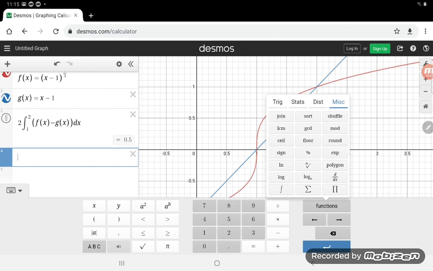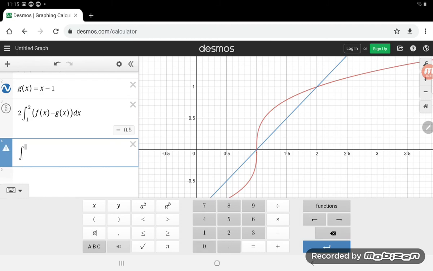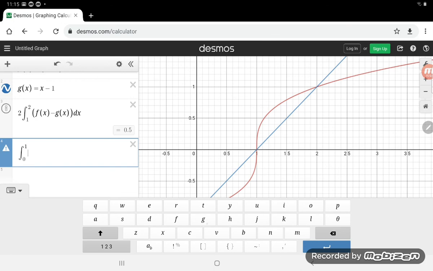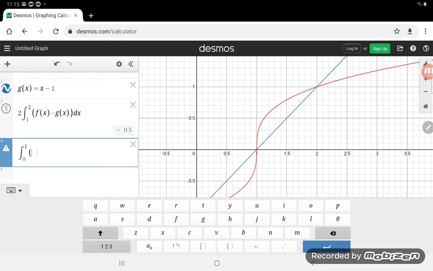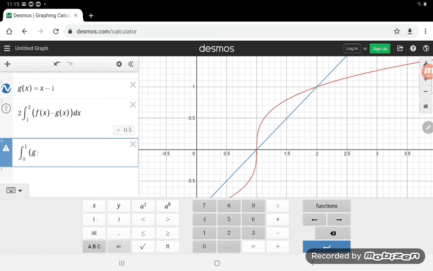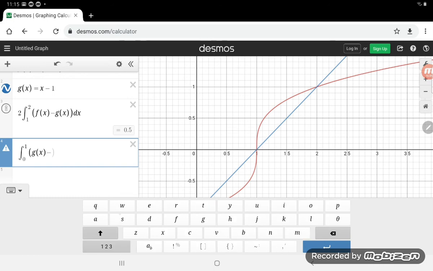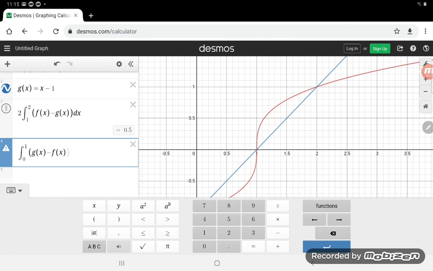So an integral from 0 to 1. But in this integral, g of x is on top. So I have g, oh, well, let's backspace and get that parenthesis in that we know we're going to need. g of x minus f of x, and close that parenthesis and then do our dx.